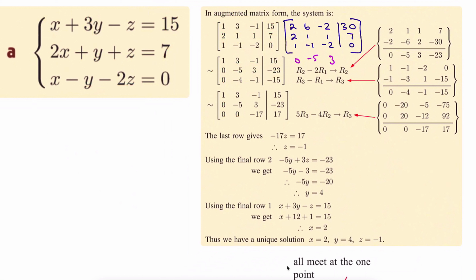And 7 take 30 is negative 23. Hopefully you can see that's what this row here actually is.